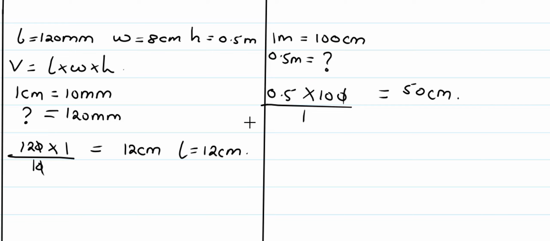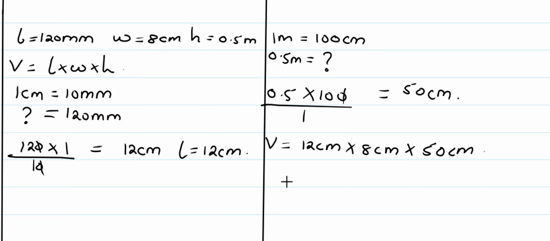So now that we have all the units in centimeters, we can find the volume. Volume V is given by length multiplied by width multiplied by height, but we already know the length is 12 centimeters, the width is 8 centimeters, and the height is 50 centimeters.